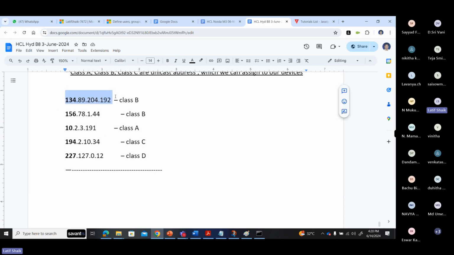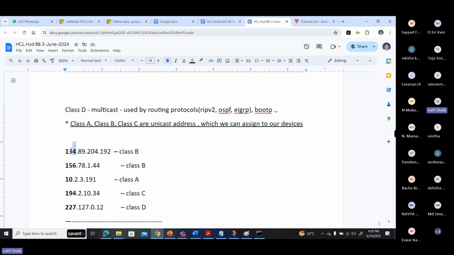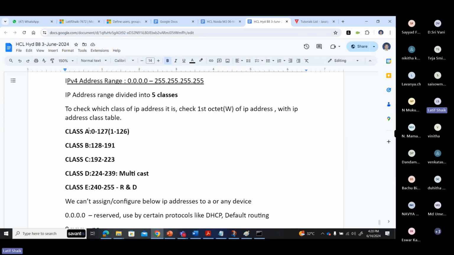When you see an IP address, always look at the first octet, the first one, and see which range it falls in. Based on that, you can get the class.